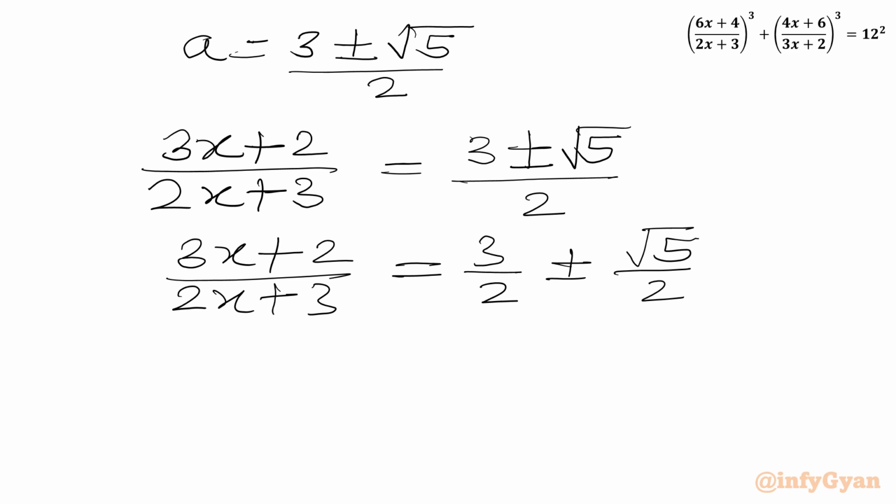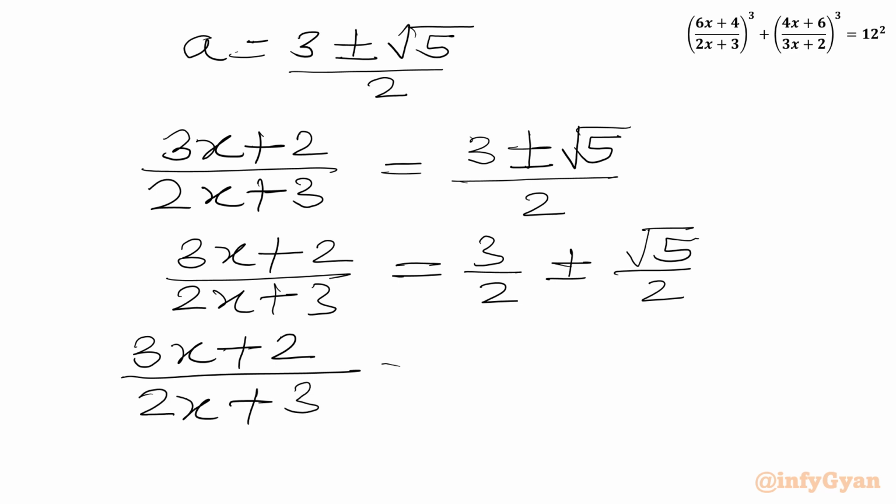Now I will subtract 3 over 2 from both sides. So 3x plus 2 over 2x plus 3 minus 3 over 2 equal to plus minus square root 5 over 2.